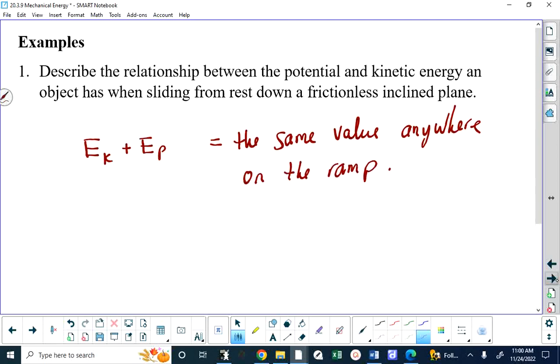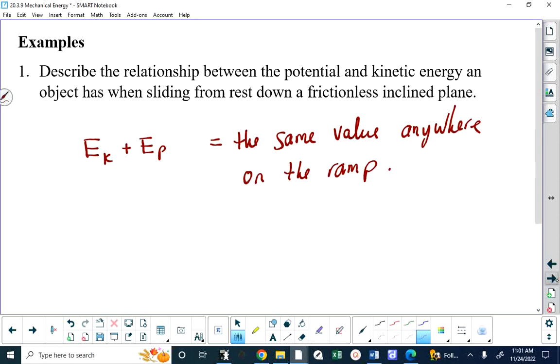That's one thing that we can say. Since it's frictionless, it's called an isolated system. Since it's an isolated system, no mechanical energy is added to or taken away from what's in there, and that means that mechanical energy is conserved.